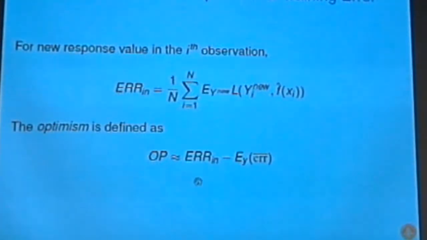Remember this Err is the apparent error, and the expected error is the so-called expected actual error rate, which still does not reflect the real values. The optimism is defined as the difference between the actual in-sample error and this estimated error rate. Hopefully, you want this to be 0, right?